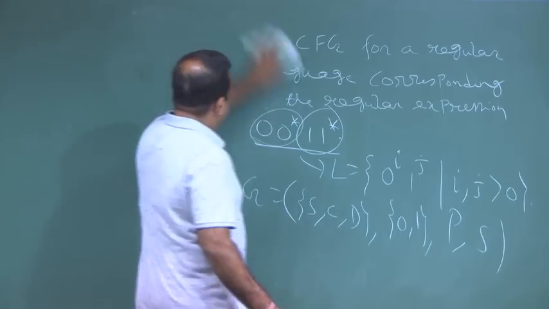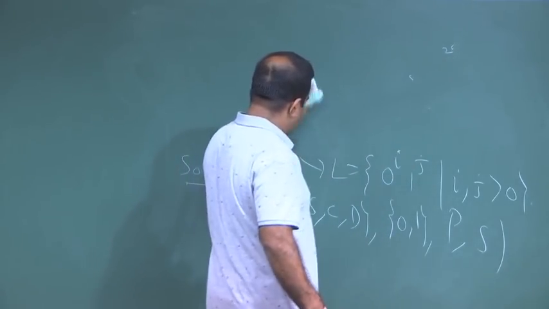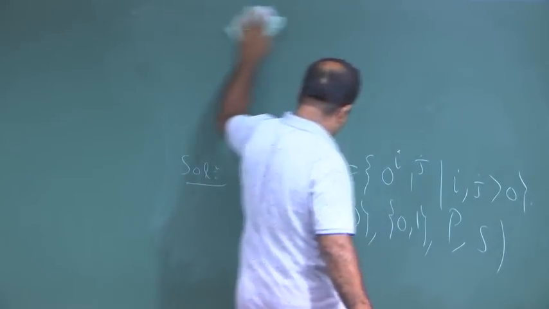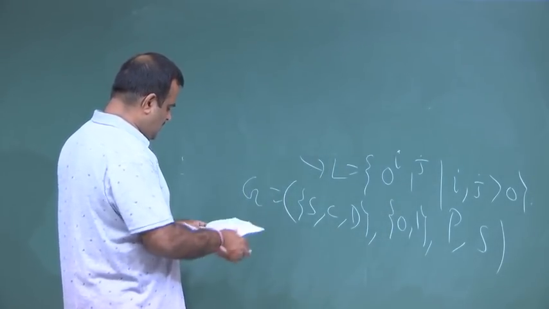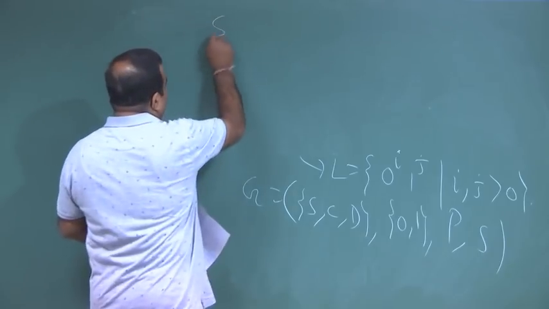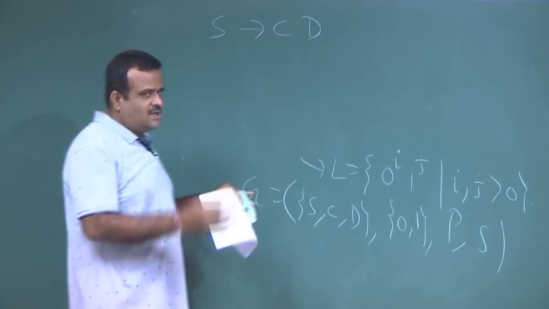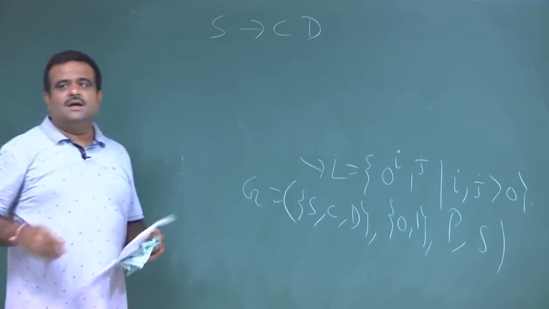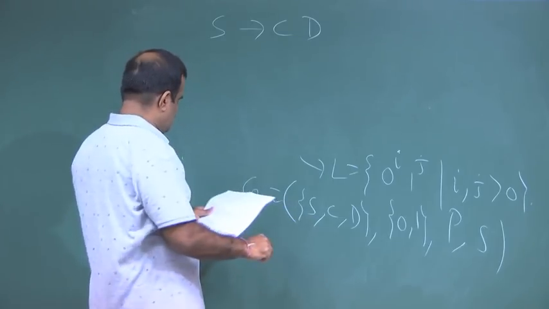Now, what are the rules? Rules are basically like this. S is going to C D. We use C for representing the zeros and D for representing the ones.